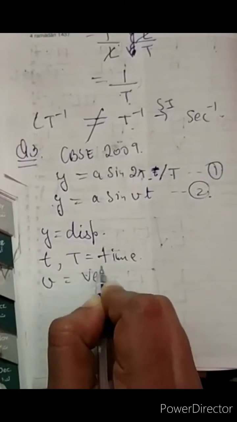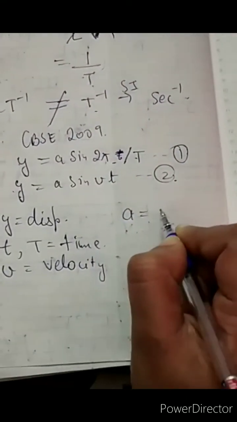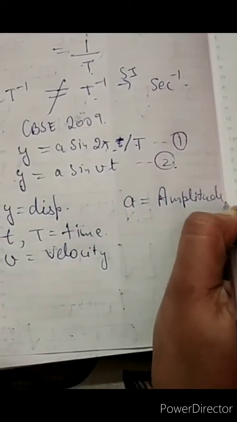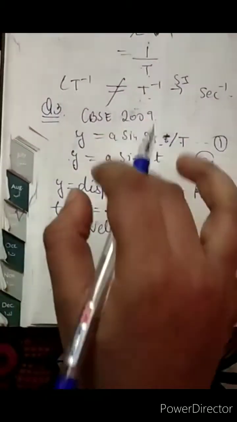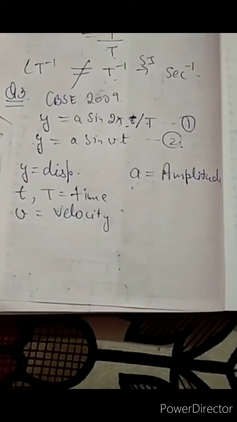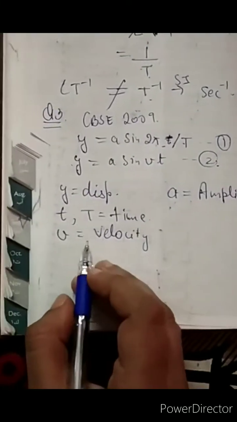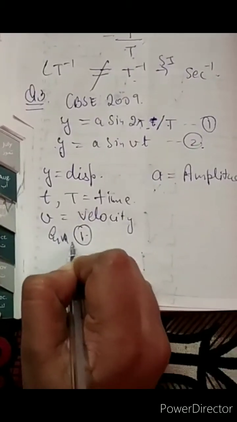V is velocity, and this small a represents amplitude. So let's check out which one is correct and which one is not, which one can be a formula and which cannot be. So let's check out equation 1.